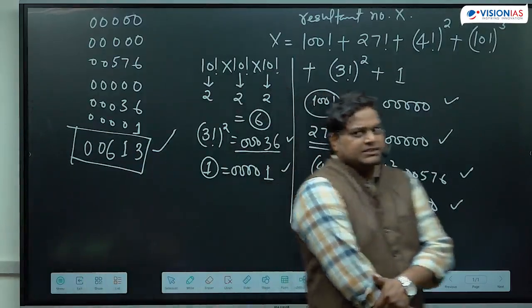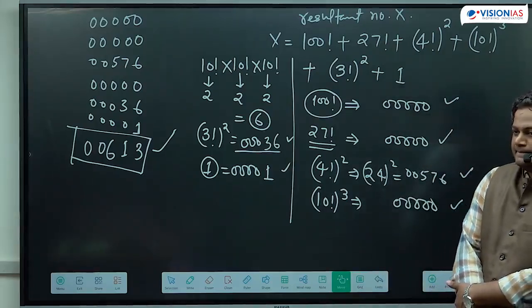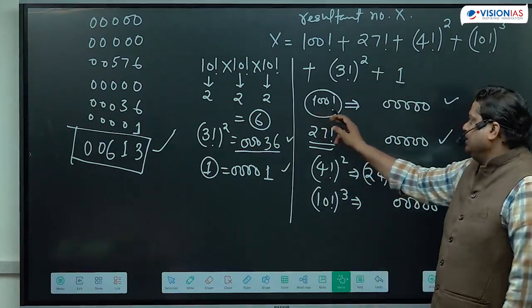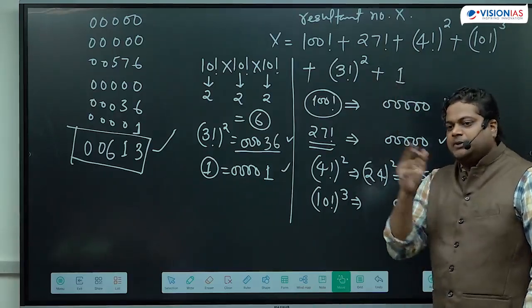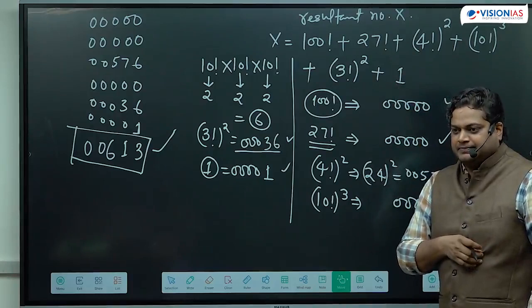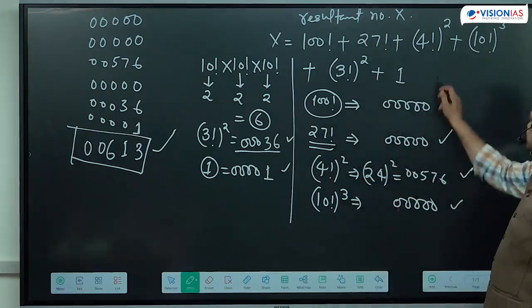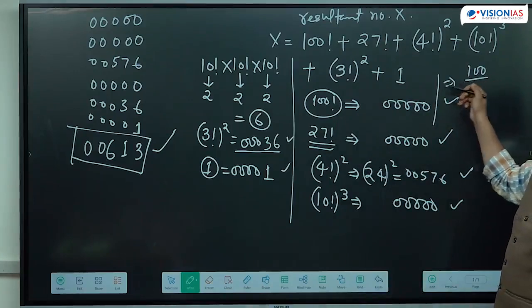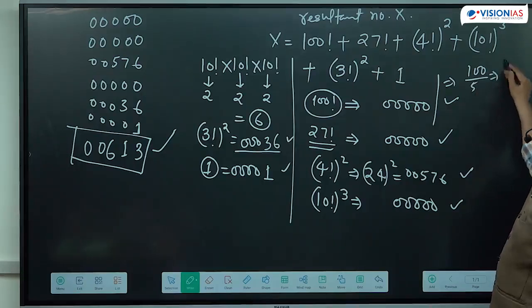These are different variations for the topic of number of zeros. Yes. 100 factorial, the last 5 digits can be what? How many zeros are there at the end of 100 factorial? Basically for 100 we can check how many 5s are there. Divide 100 by 5 and see what quotient we get. 20.